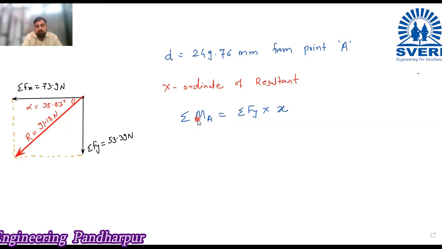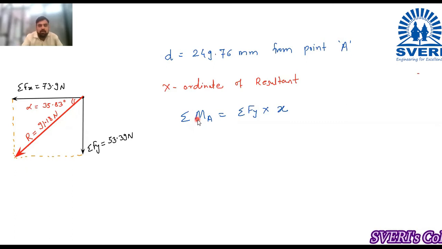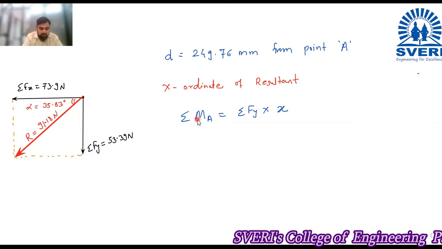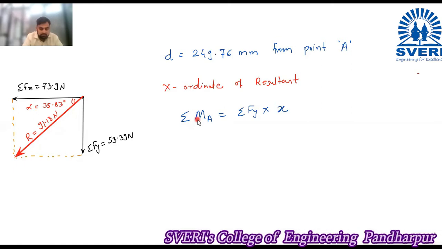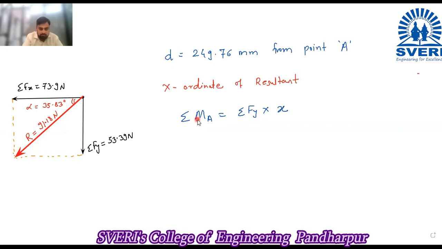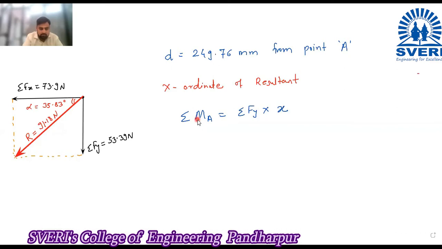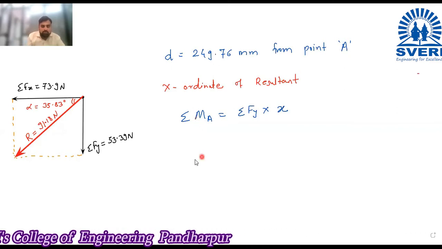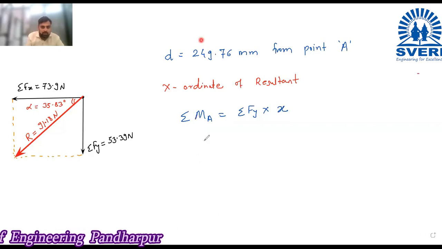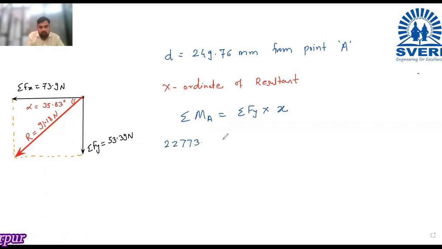Tell me the answer quickly. What is the value of the resultant? It is 91.18. So the summation M which you calculated is 22773.11. Correct. I have done R into D, so I got this value.